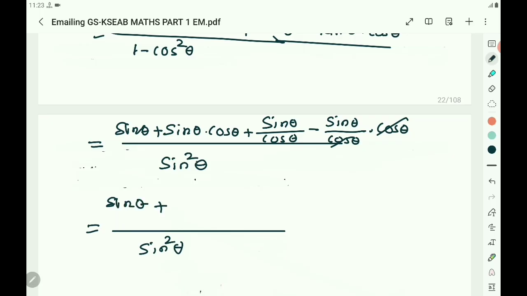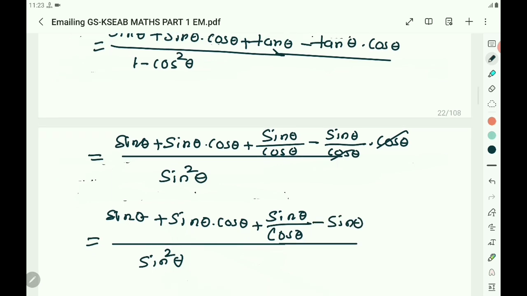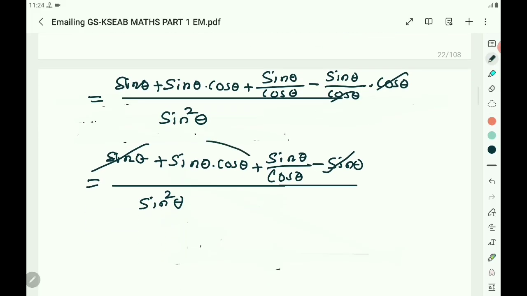Sin theta plus sin theta cos theta plus sin theta by cos theta minus sin theta. Cancel this sin theta, sin theta. Here what is remaining? Sin theta cos theta and plus sin by cos.